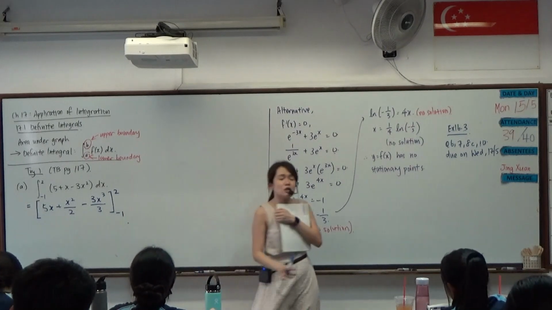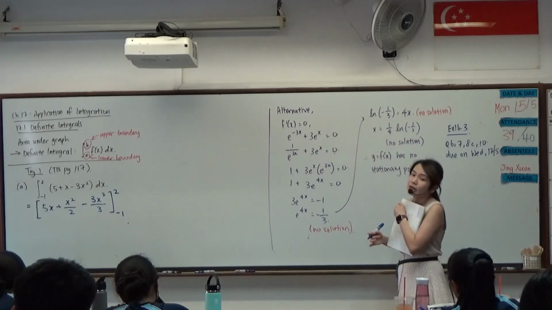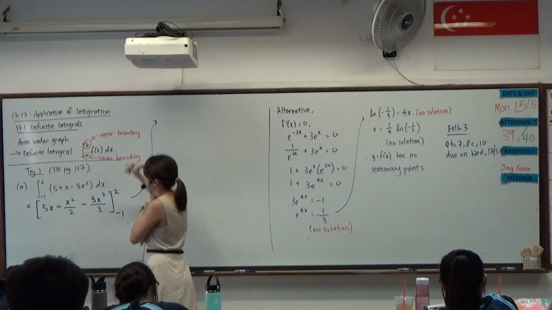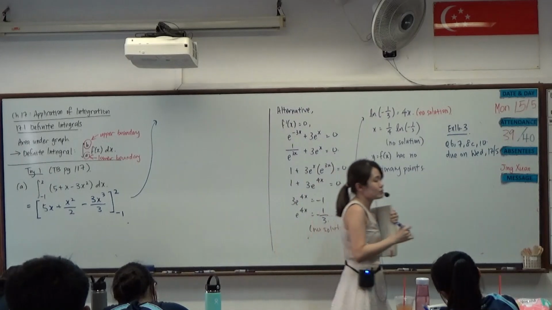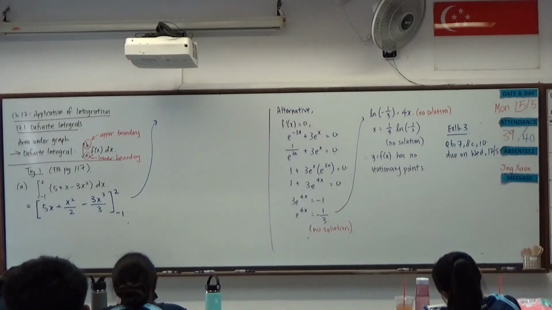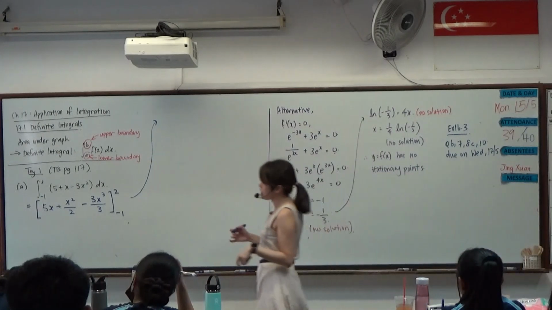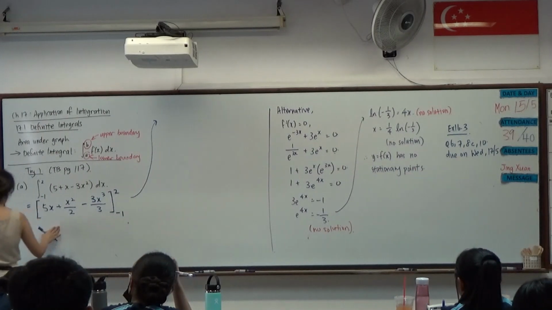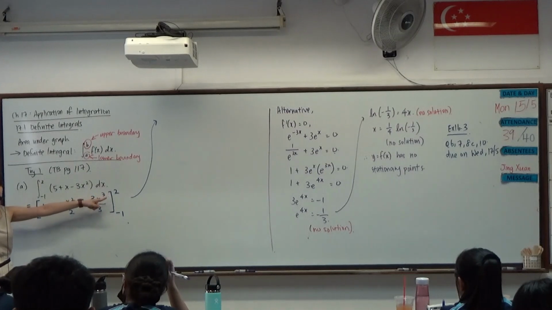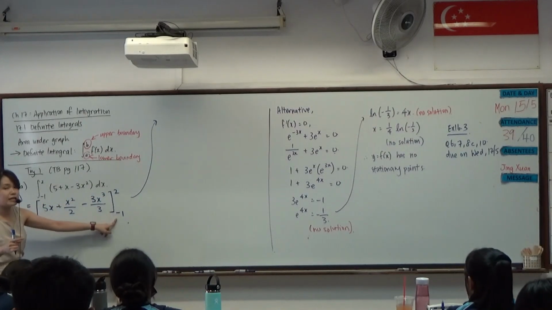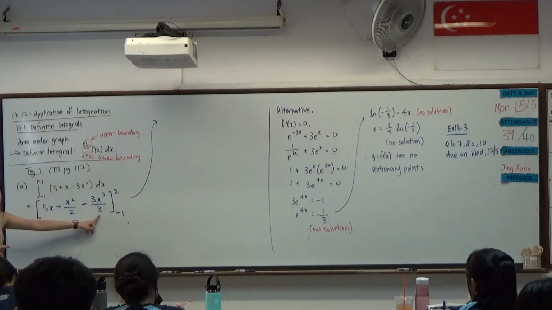But that is not all. What we need to do next is to find the value itself, because we know that this definite integral is supposed to represent an area, and area has a value. So how do I find the area? I will take the value 2 and substitute it inside this, then minus away, taking -1 and substituting it inside here.